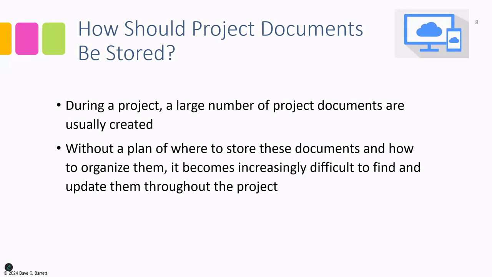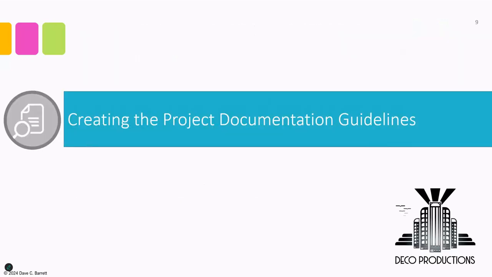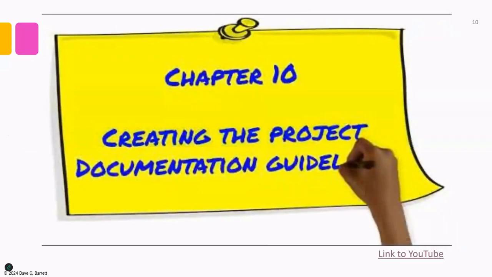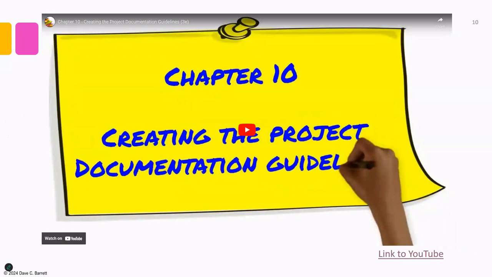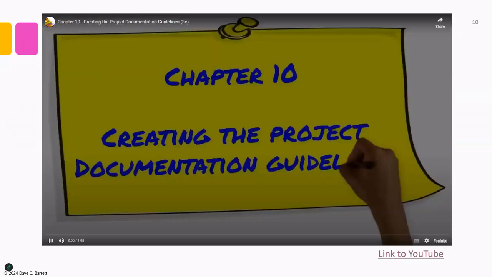Problems can be created by project team members accessing the incorrect information. Therefore, it's important to logically structure the organization so that the team can find the appropriate information when required. So let's watch this next video about creating the project documentation guidelines.